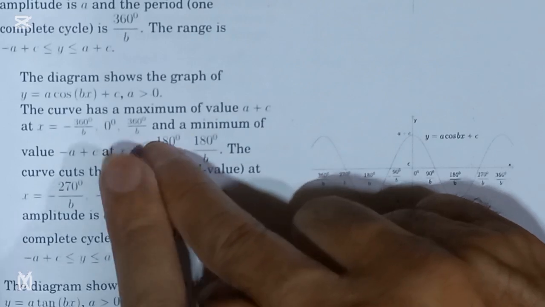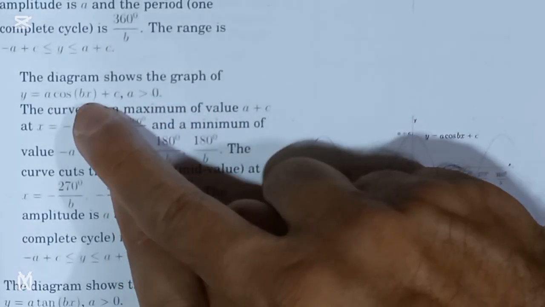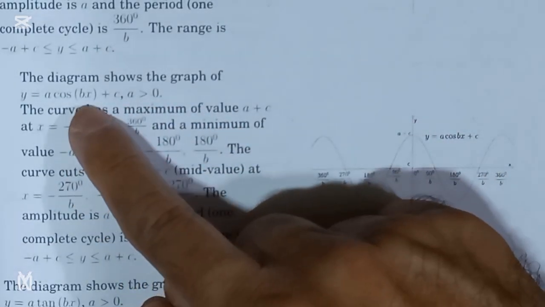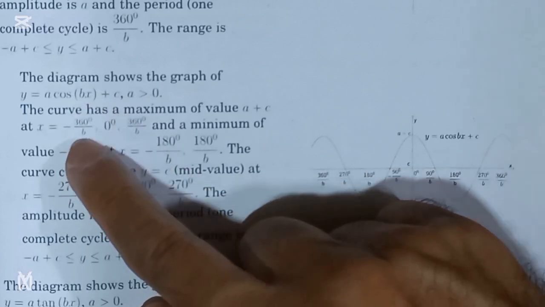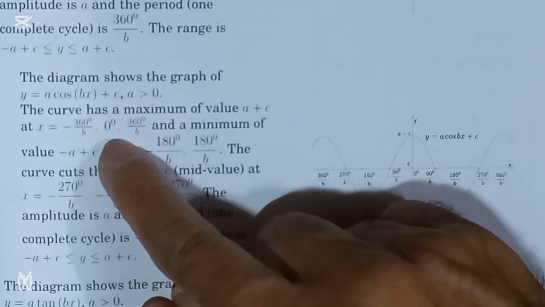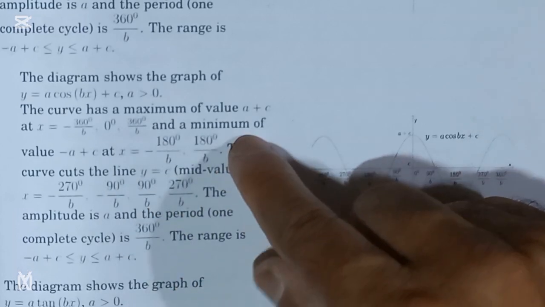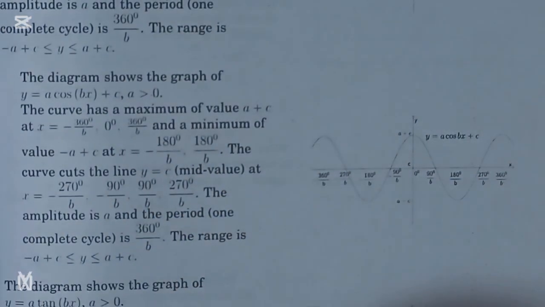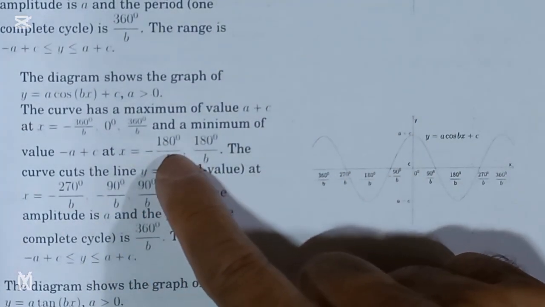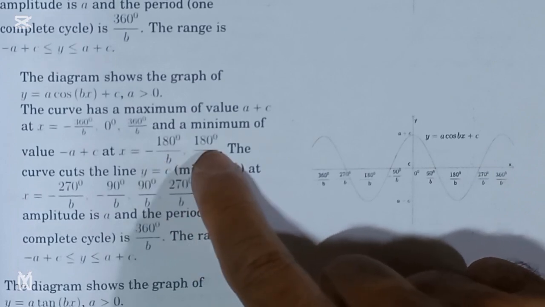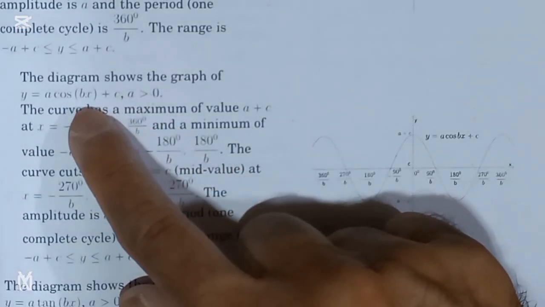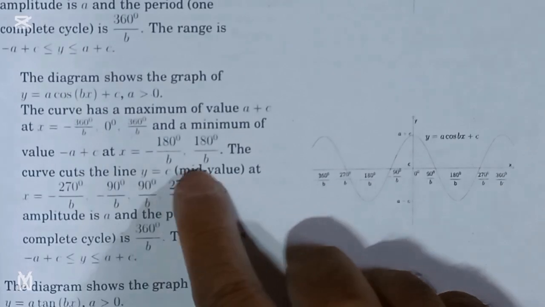The only difference in this graph will be to divide the values by b because the value is b with x. So −360/b, 0 and 360/b. And the minimum values were obtained in cos theta at −180 degrees and +180 degrees. So the only difference will be to divide these values by b.